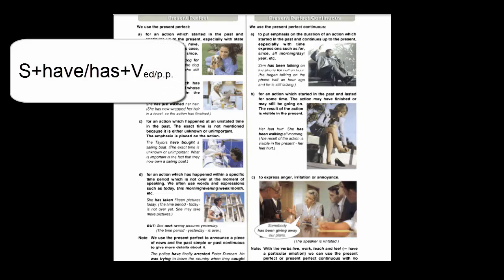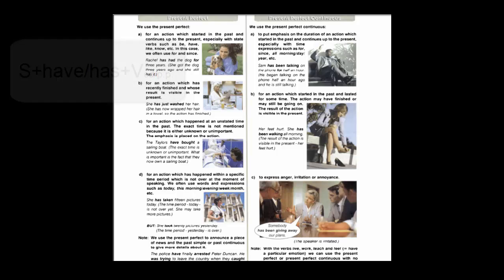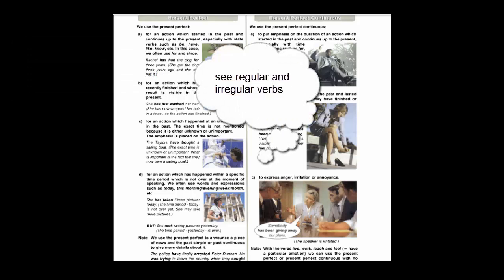We form present perfect by subject plus have or has, plus the verb in the past participle, or by ending -ed. It depends whether the verb is regular, then it goes -ed, or when the verb is irregular, the past participle.